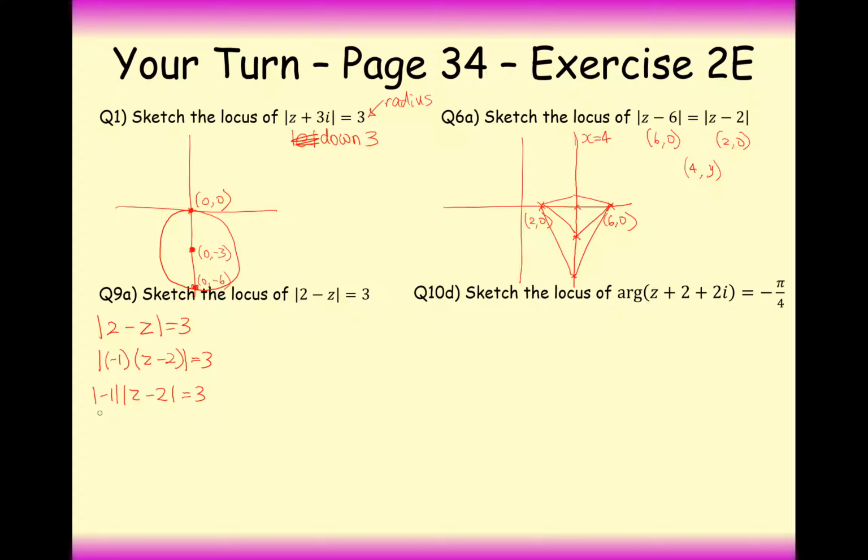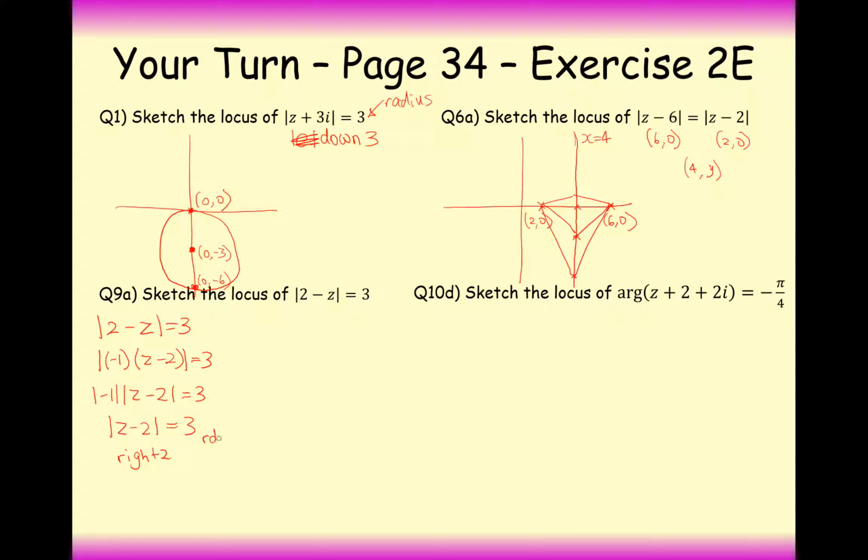Now here, what's the modulus of minus 1? What's the distance from the centre of 0 to the point minus 1? That's a distance of 1. So effectively it's 1 times the modulus of z minus 2, which is just going to be equal to 3.